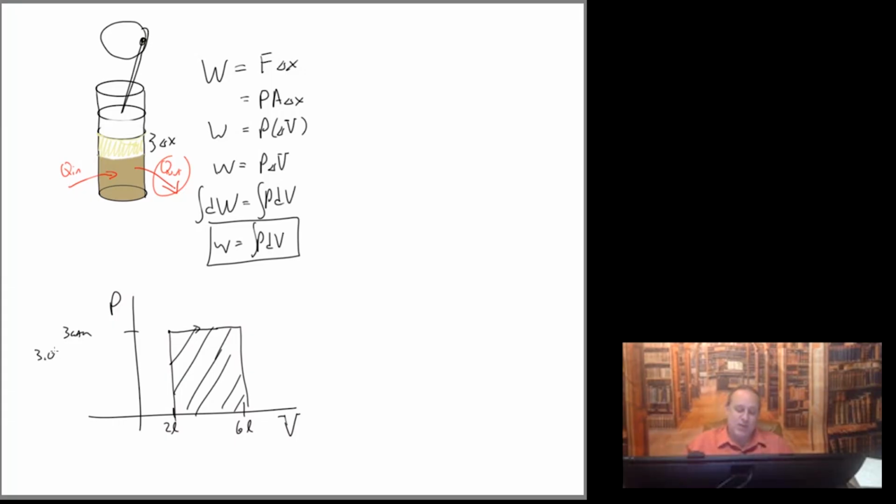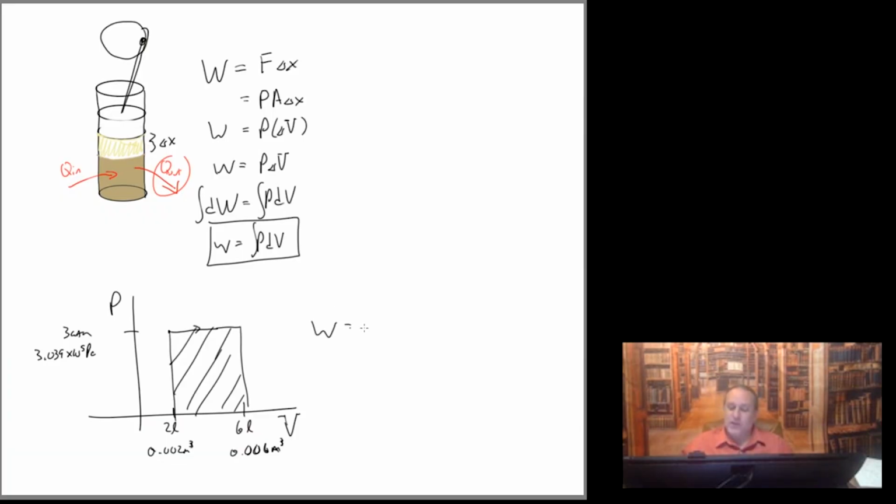That would be 3.039 times 10 to the 5th pascals. And 2 liters is 0.002 cubic meters, and 6 liters is 0.006 cubic meters. We have conversion factors for those things, and as long as we are given the conversion factor, we shouldn't have any trouble with those conversions.